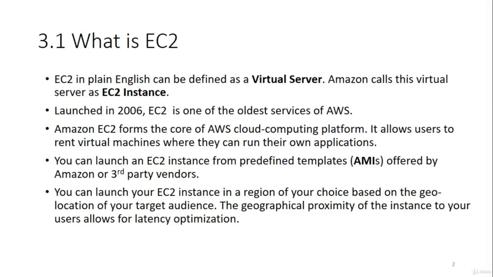You can launch your EC2 instance in a region of your choice based on the geolocation of your target audience. It means the geographical proximity of the instance should be considered, because that's how your latency will be optimized.